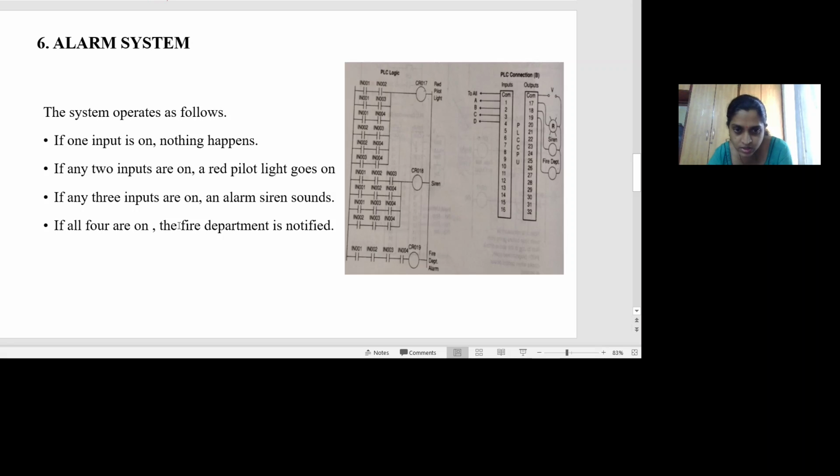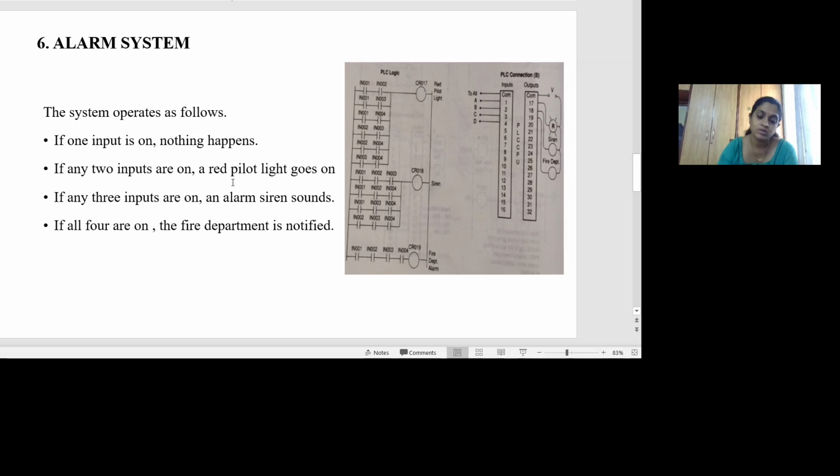And the last case is that a fire department is notified when all the four inputs are on. Here I have taken all the four inputs, and when all the four are on at a time, your fire department will be sent a notification. So when all these four contacts are energized, or when all four emergency inputs are on, in that case the fire department will be notified.